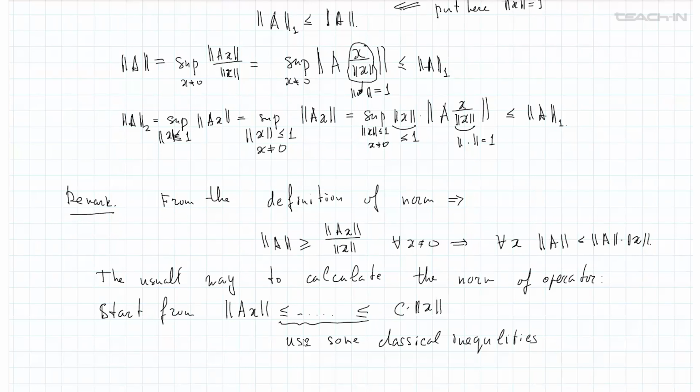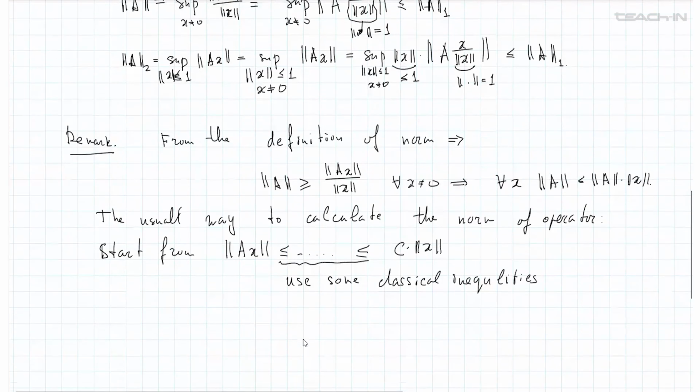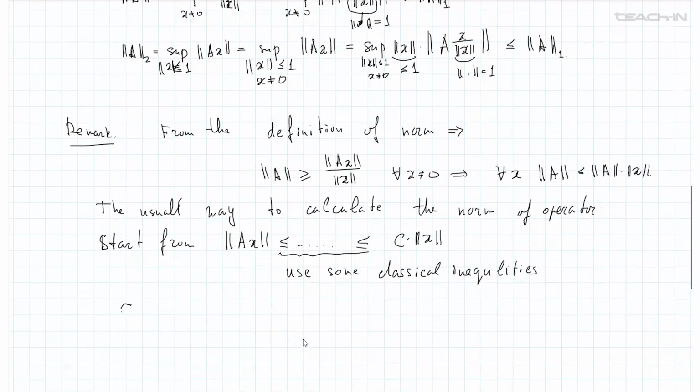So you must obtain the norm of element x multiplied by some constant c. If these inequalities are precise, in approximately 90% of cases, the c is a correct answer.